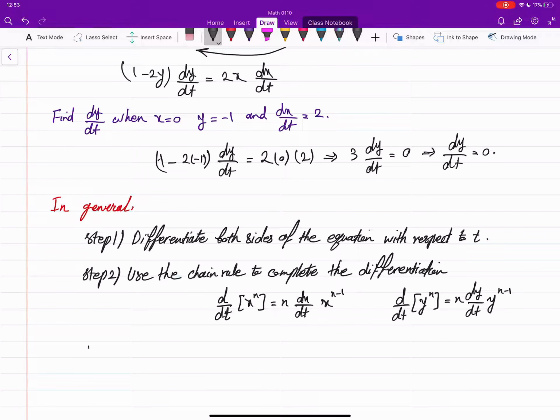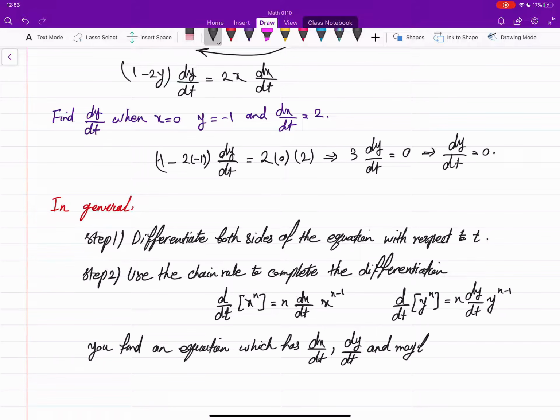You find an equation which has dx dt, dy dt, and maybe x and y. And that's how you find the relation. That's what we mean by a relation, or how they are related.